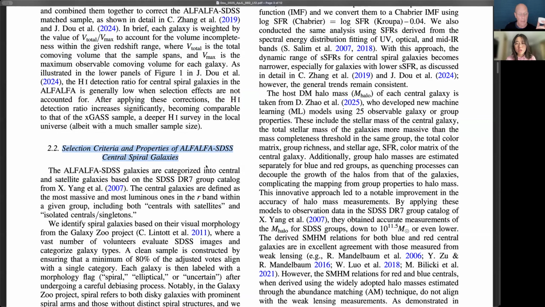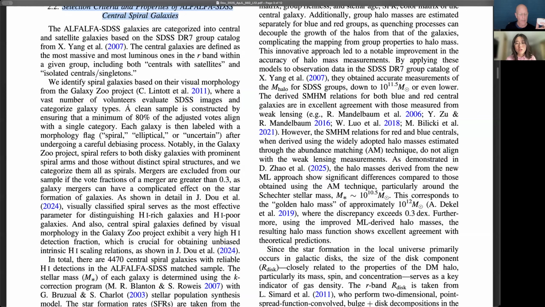We have rich physical properties for them, and I think one of the most critical physical quantities here is the host dark matter halo mass.